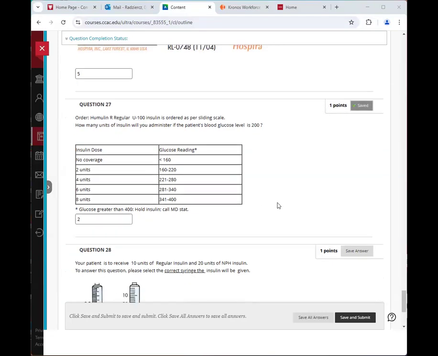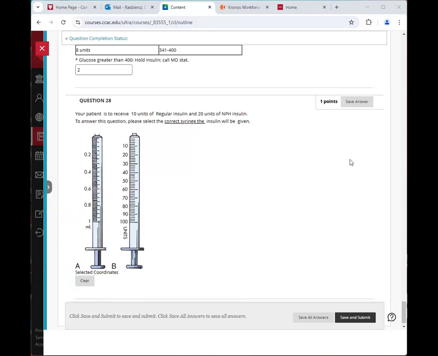And then finally, this question is more about just picking the correct syringe. So anytime you're administering insulin for a diabetic, you always use a syringe that's going to be measured in units. This is where things get a little bit different because you're used to giving everyone an ml syringe.